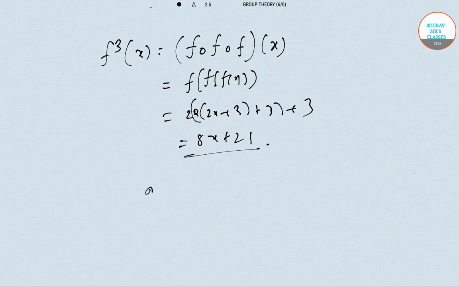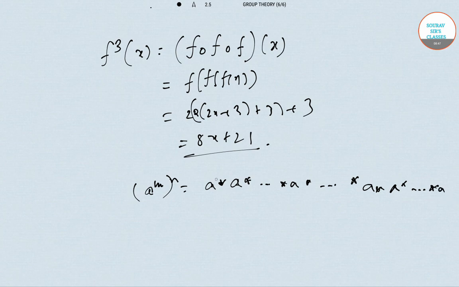And remember that even if it is like this, we can say a star a star dot dot dot star a, so every time this is m times.